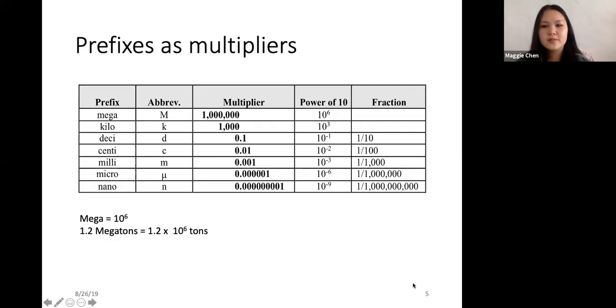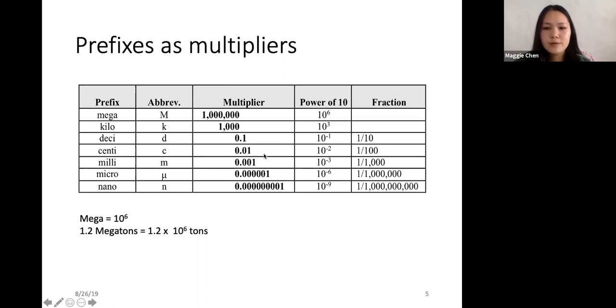So prefixes as multipliers. If we have different prefixes, we want to have a context to know what they are. Examples of prefixes are mega, kilo, deci, centi, milli, micro, and nano. They can be abbreviated as these single letters. As an example, for centi, the abbreviation is lowercase c, and the multiplier is 0.01.